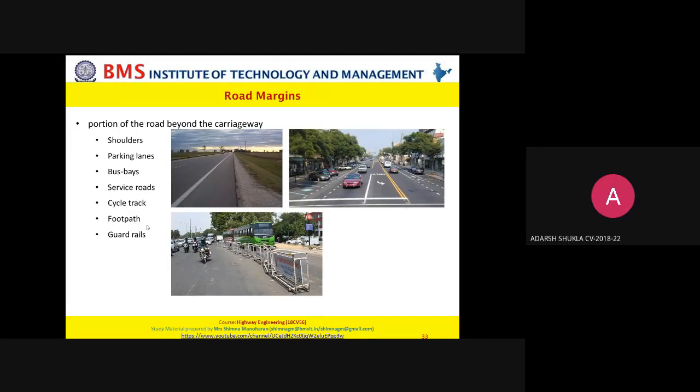Ma'am, guardrails are basically on the hilly regions. It need not be. When you have an embankment, the vehicle has a tendency to run off.